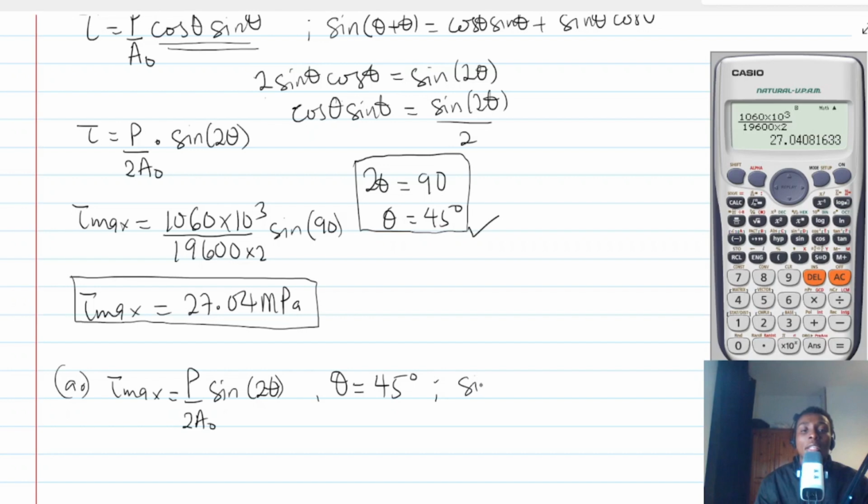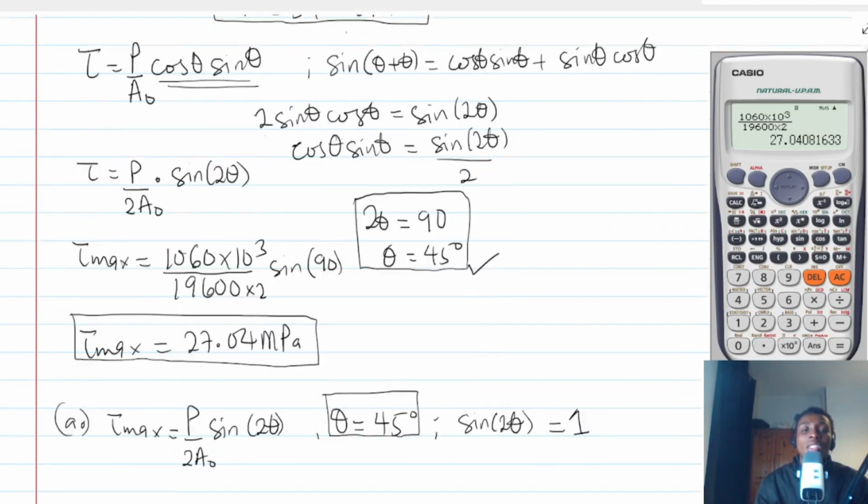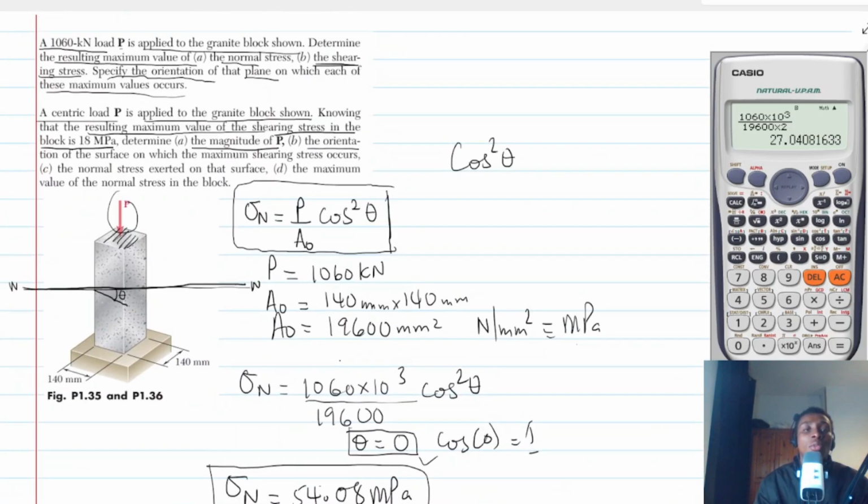This is because sine 2 theta is maximum when the value of the sine takes 1, and if you take the inverse of both sides, you end up getting theta equals 45. So this has already been established. Now the question is saying that the maximum shearing stress is 18, so we should find the load.